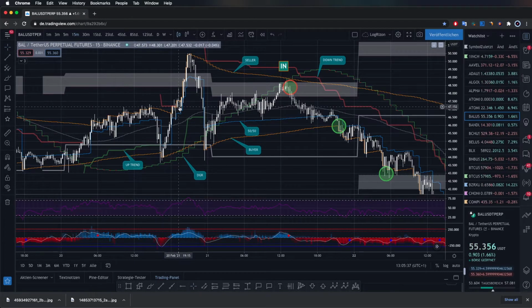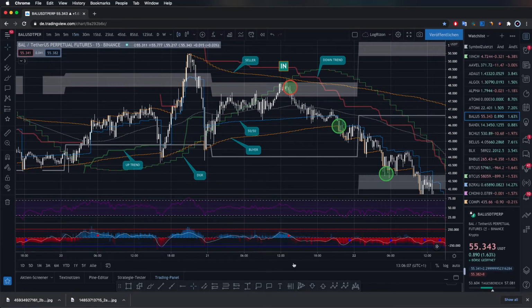When the red line is appearing in the chart from here to here, we are in a short downtrend, or from here it starts to go down, we are in a downtrend. So every time this line is changing in color from red to green, from green to red, the momentum of an uptrend is changing to a downtrend, or the momentum from a downtrend is changing into an uptrend.